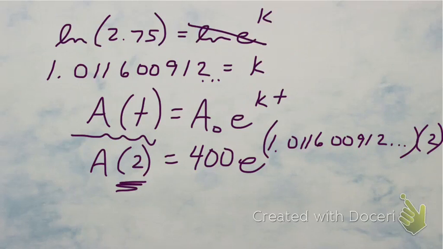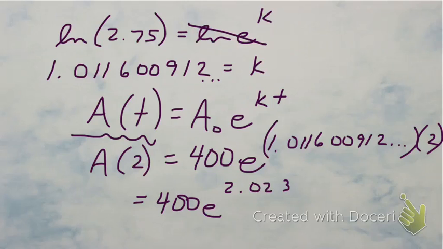That's like f of x. What is y when x is something? Okay, so this is 400 times e to the, if we multiply that out, we've got 2 and a long string of numbers. Just let it live there. We need to evaluate this exponential expression before we multiply.